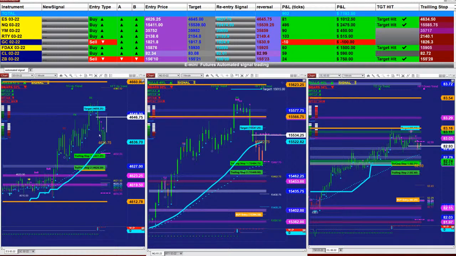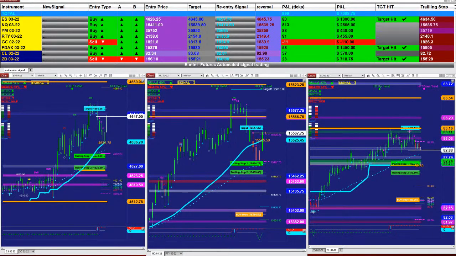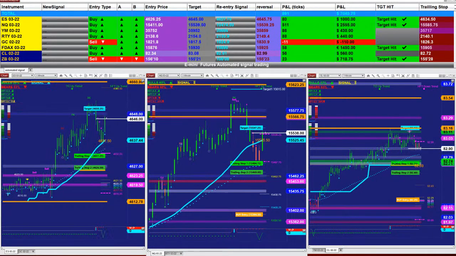For the ES, it still came into this number here, and then the ES did go all the way up again, which indicates we are on the long trade. We're still on a long trade on the ES, and there is no short trade at the moment. Also, we can look at the fib lines.